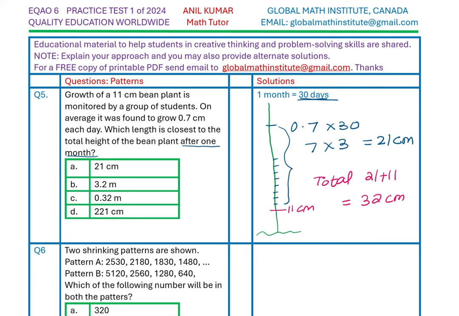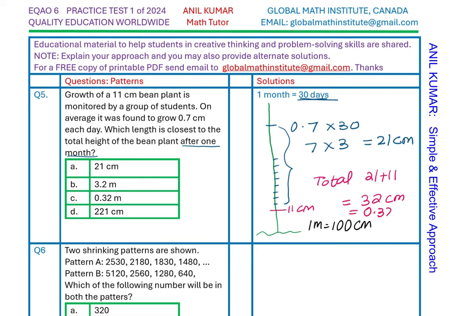So you also know that 1 meter equals to 100 centimeters. And therefore, 32 centimeter we have to divide by 100 will be equal to what? Well, that should be equal to 0.32 meters. And therefore, the option C is the correct option.